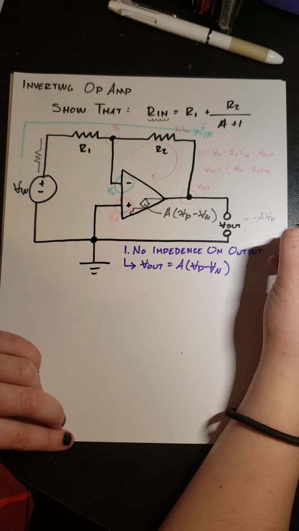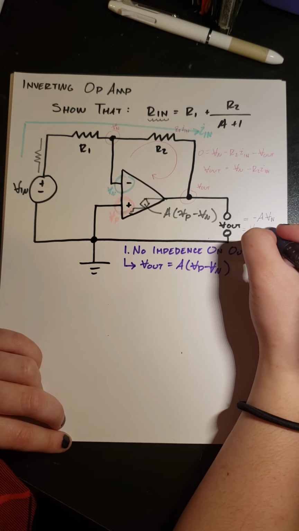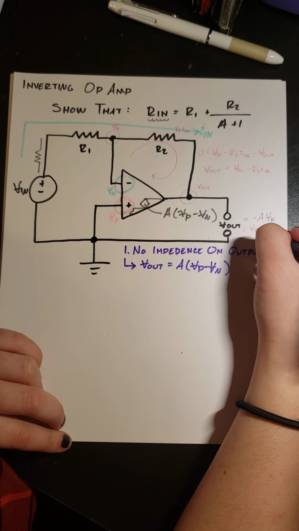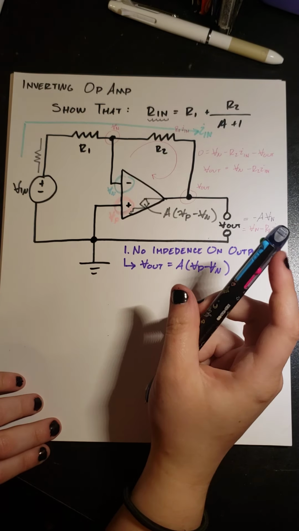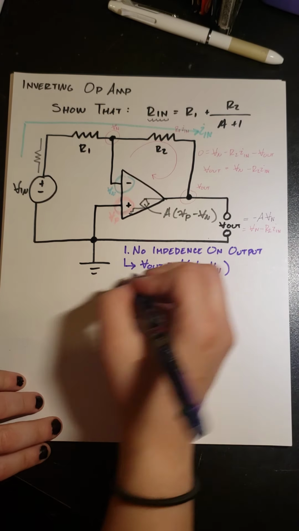So now we have two terms for V out. This means we can solve for something. What we're going to solve for is Vn, the like term.